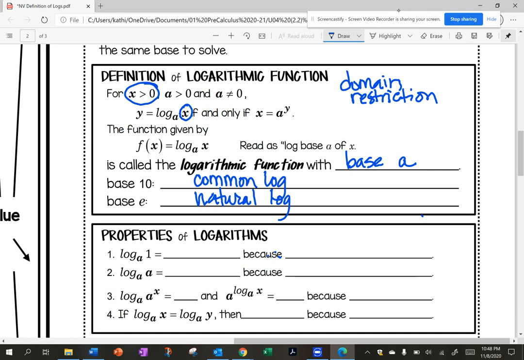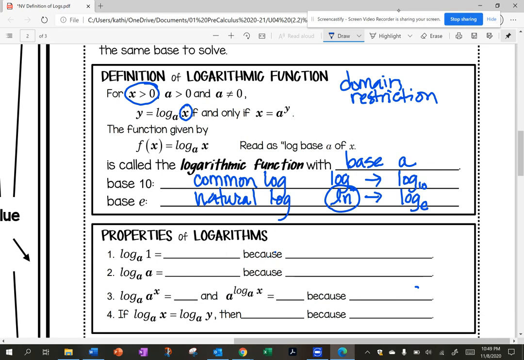So anytime I see log with no subscript, that means log base 10. And if I see ln, that means log base e, but we write it as ln.